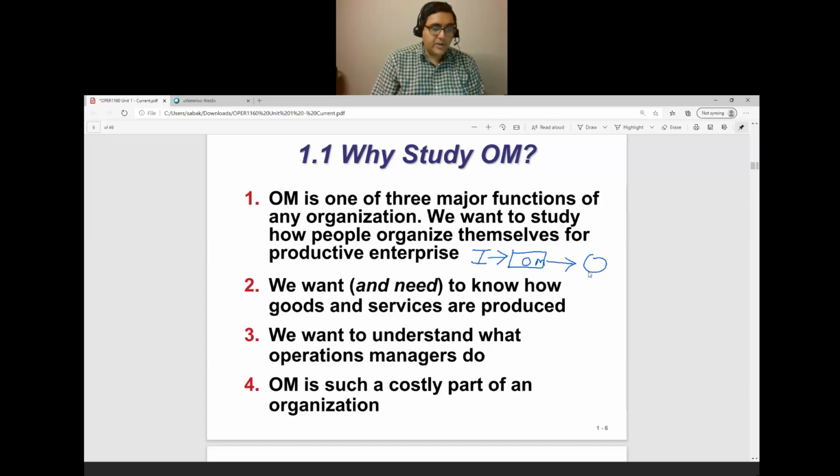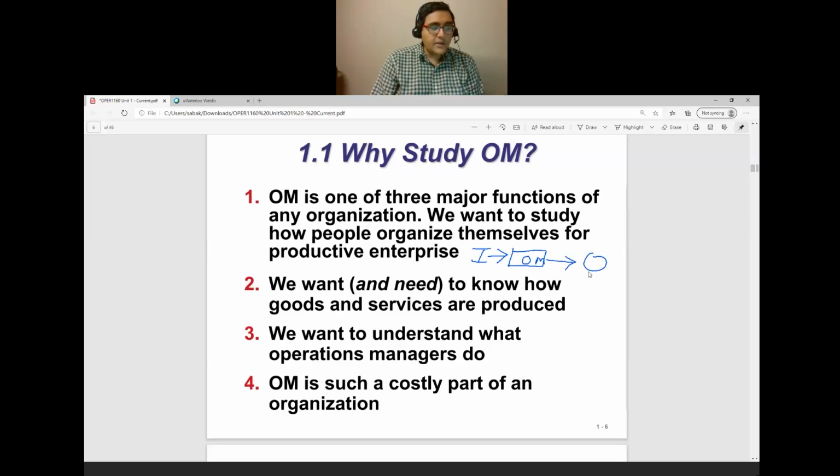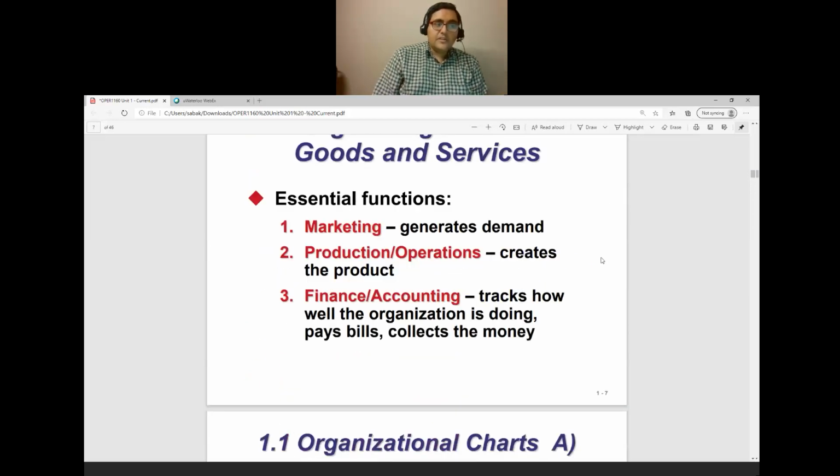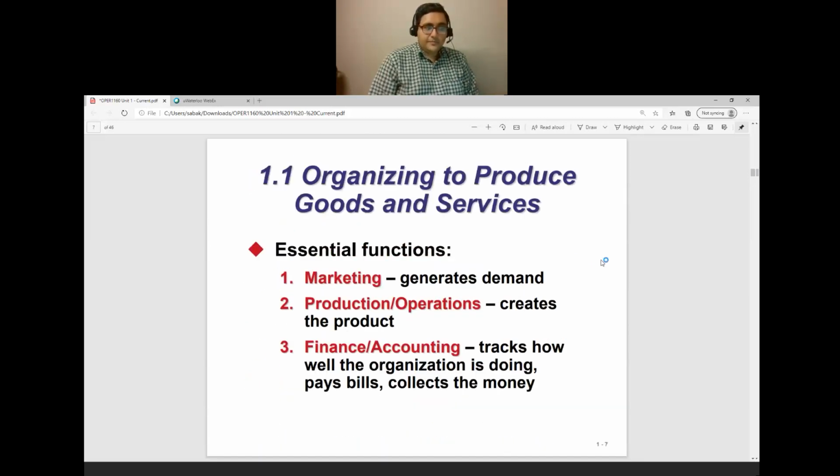I will have lots of wastages happening. So I need to be clear, it's a very costly part of an organization. So these are the four different reasons for studying operations management. There's always a question of goods and services, which we'll be discussing a bit further.